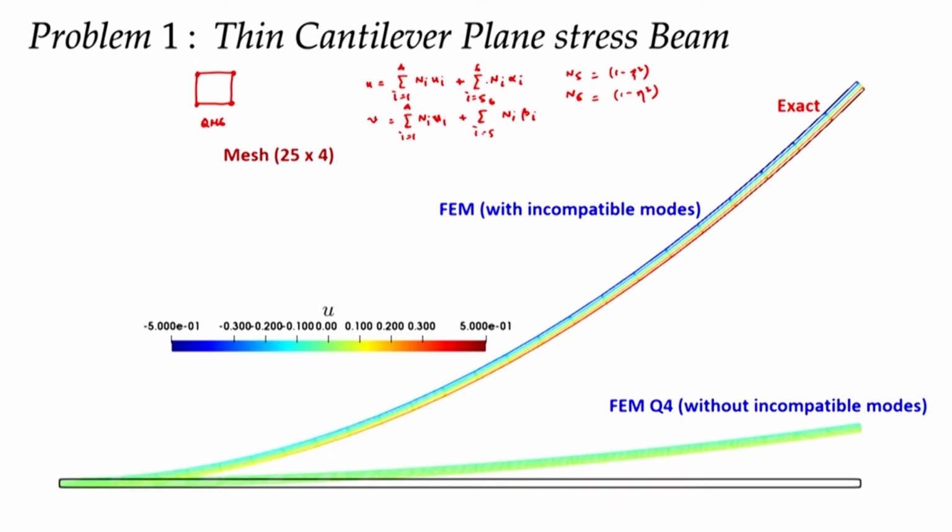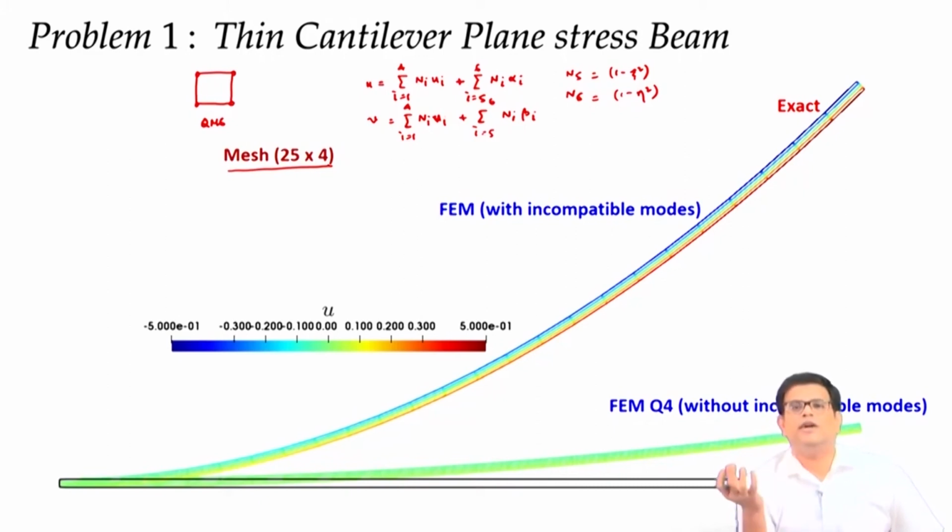So if I use this incompatible mode, then you can see that even with the 4-noded QM6 element, keeping the mesh constant at 25 cross 4, we have the exact result, and the FEM with incompatible mode matches exactly.